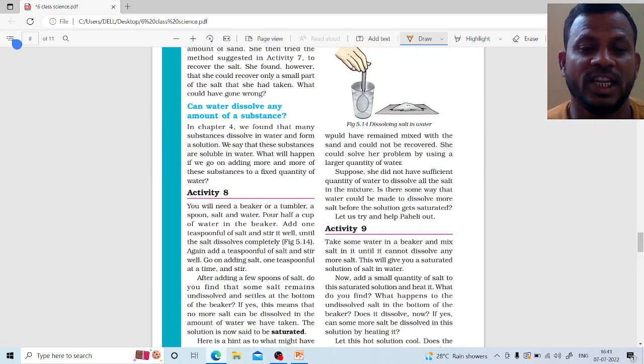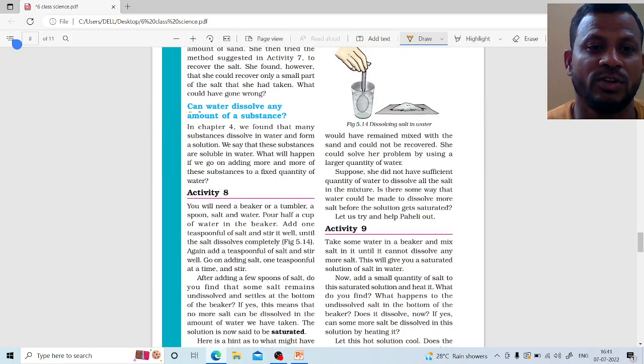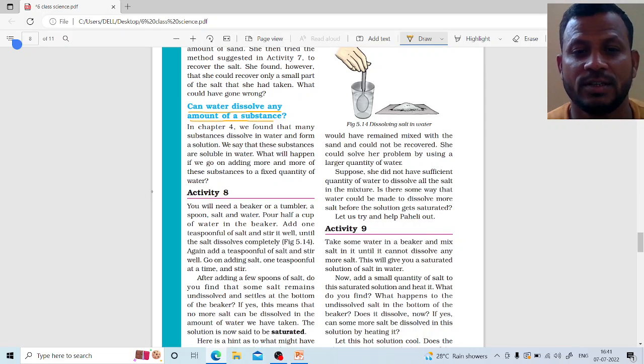Look here, there is a challenge. We are going to see, can water dissolve any amount of substances? Let us see. We see that these substances, like salt and sugar, are soluble in water.